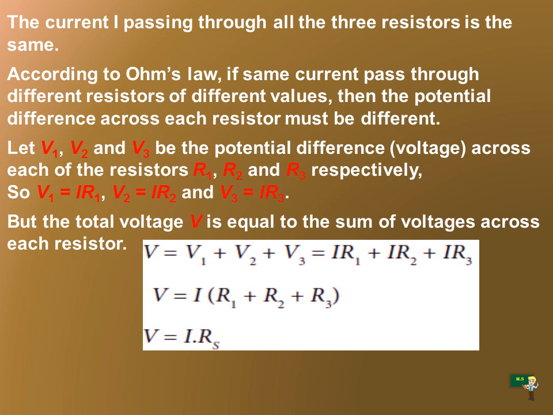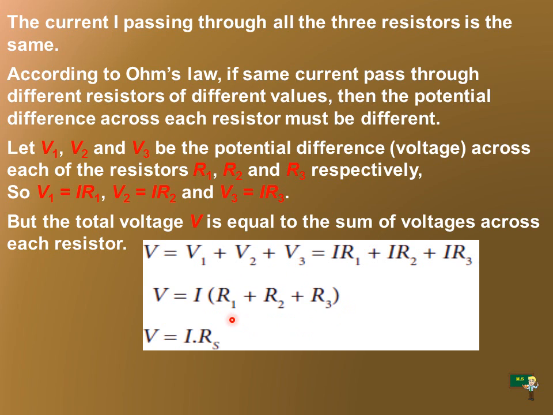Therefore, the total voltage V is equal to V1 plus V2 plus V3. Altogether, V is equal to IR1 plus IR2 plus IR3. Here in all these terms we have I as common, so we take I out of the bracket. So V is equal to I into R1 plus R2 plus R3, and this is a series connection.